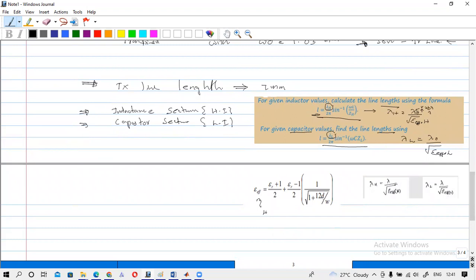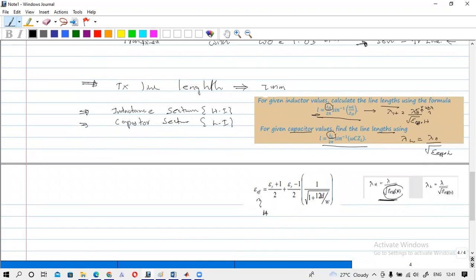You know the d, because this is d by W, you do not need to convert the units, because millimeter will cancel out. This d will be 0.762, and you can put the width and calculate the epsilon effective for the high impedance line. Then you can use this formula. You know this value, and you know the lambda value, that is the lambda in free space.